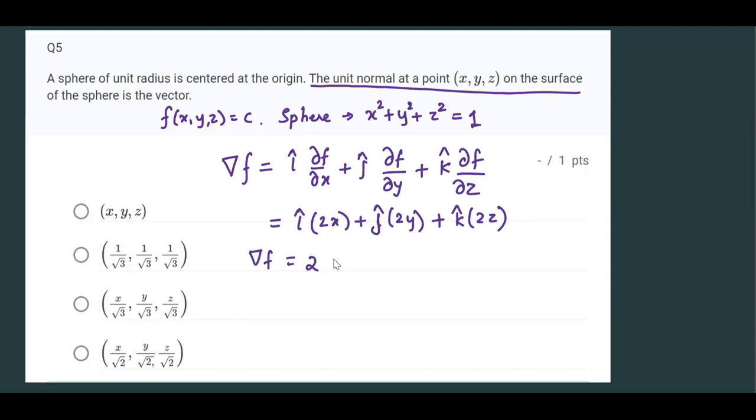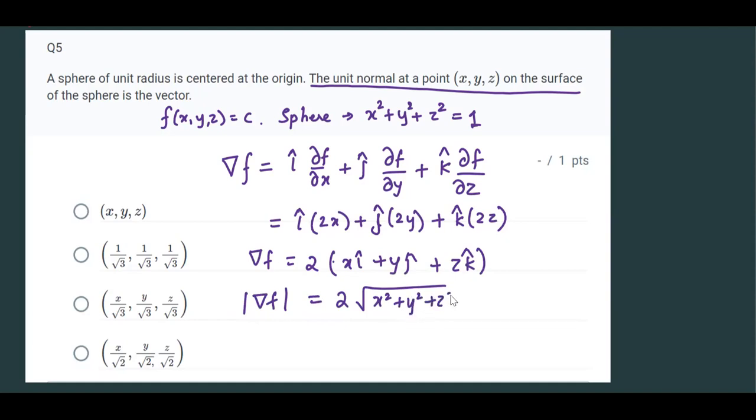Now the unit vector, if we want to find the modulus, will be 2 times root of x square plus y square plus z square, 2 times 1. Therefore the unit normal, so unit normal is grad f by modulus of grad f.